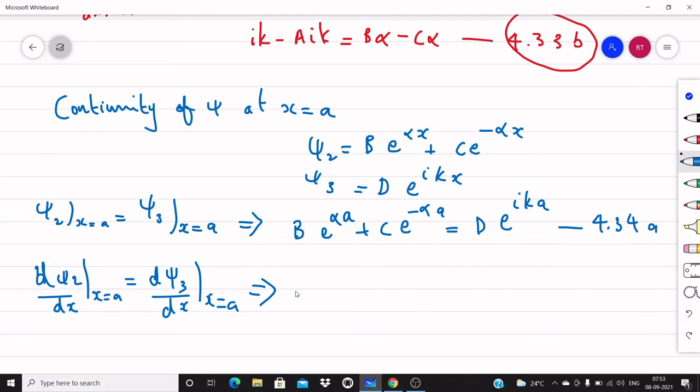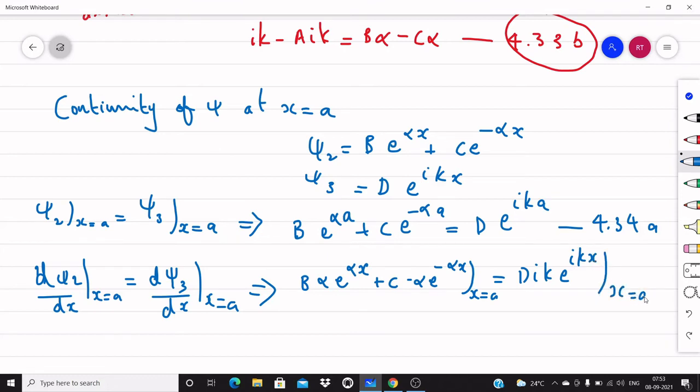Now, in this case, take the derivative: b alpha e raised to alpha x plus c minus alpha e raised to minus alpha x at x equal to a is equal to d i k e raised to i k x at x equal to a.